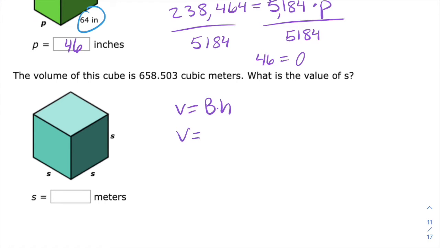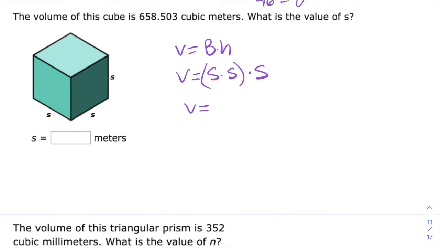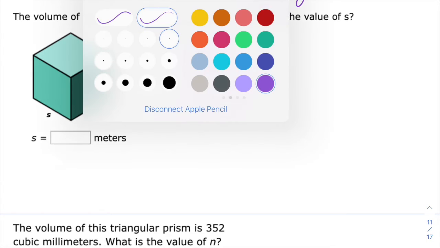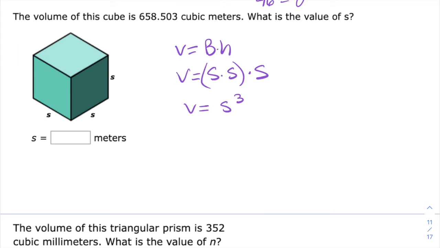And so volume equals S times S, which is my base, times my height, which is S. So volume is actually equal to S cubed. And what we want to do is substitute in 658.503 equals S cubed.